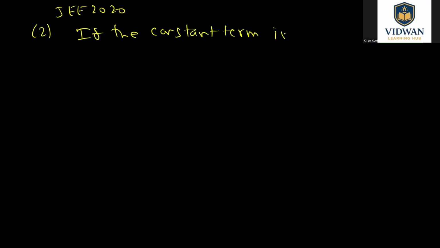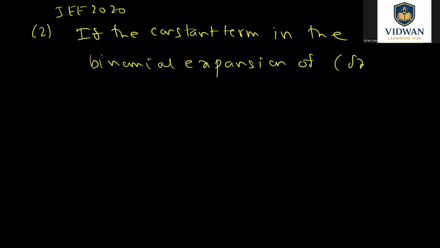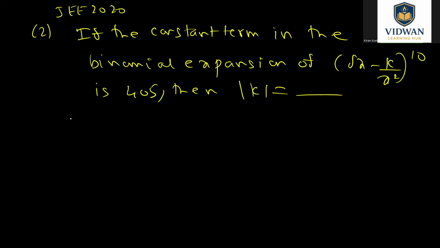The constant term in the binomial expansion of root x minus k by x square whole power 10 is 405, then mod k is equal to? First option is 2, second option is 1, third is 3, fourth is 9.